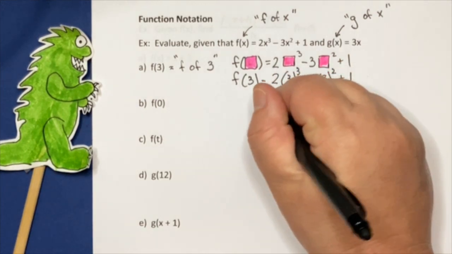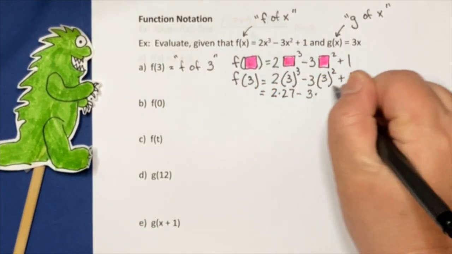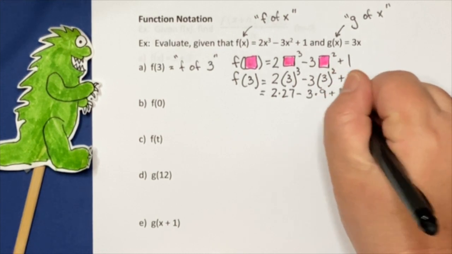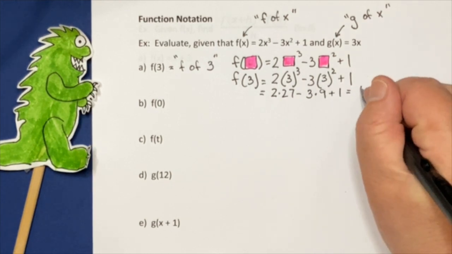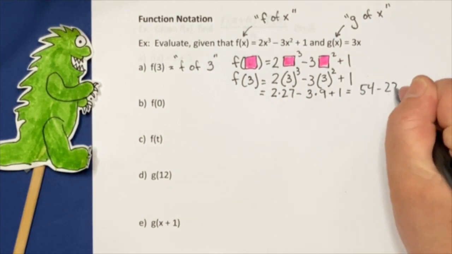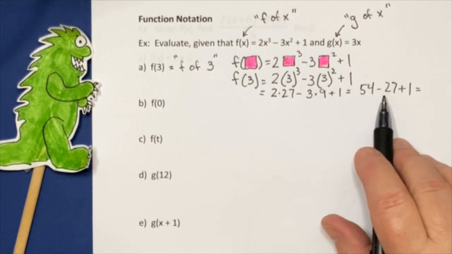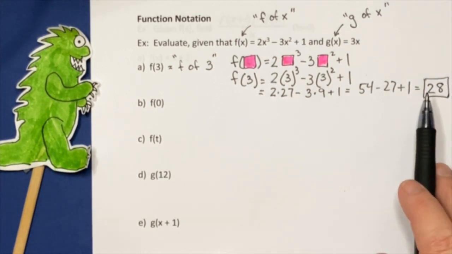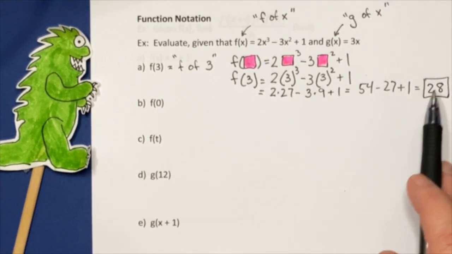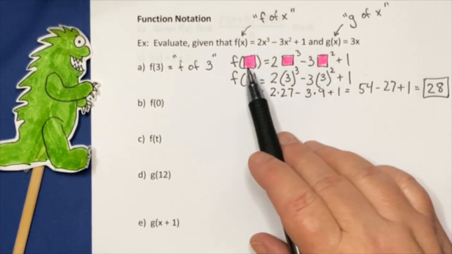Now, honestly, this answer, 28, is far less important to me than this setup. So take another look at that, see if you see whatever the x is. In this case, it's going to be 3. I put it in wherever I see that x, or the pink box. So f of 0 says, wherever the pink box is, I want to put a 0. So f of x is 2x cubed minus 3x squared plus 1.